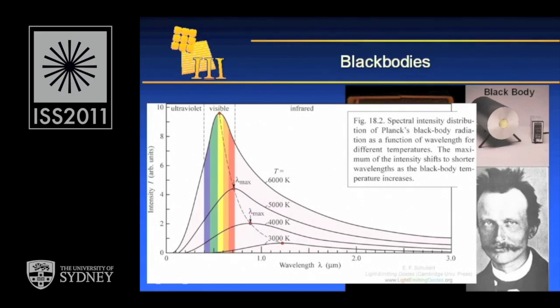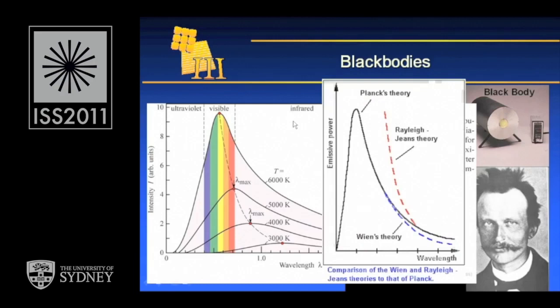But the problem was that the theories trying to explain the emission properties of these bodies couldn't explain what was being measured experimentally. The experiments were accurate enough that there had to be a problem with the theory. So these were the two theories. You could explain the properties at the long wavelength end of the spectrum: the Rayleigh-Jeans theory explained those.